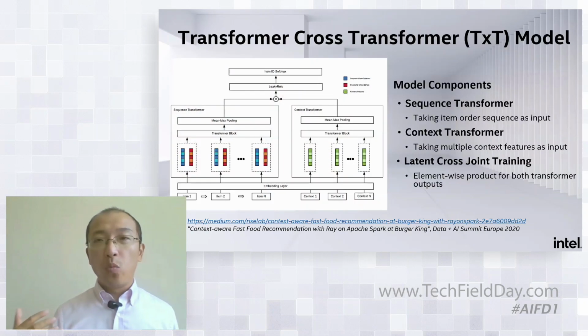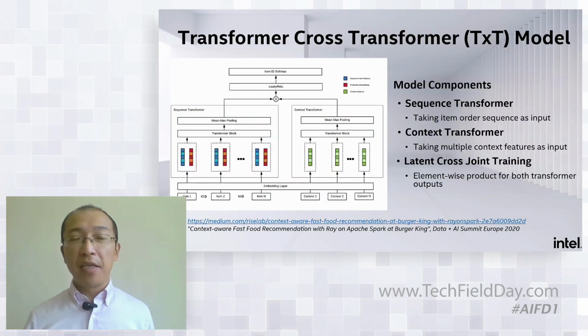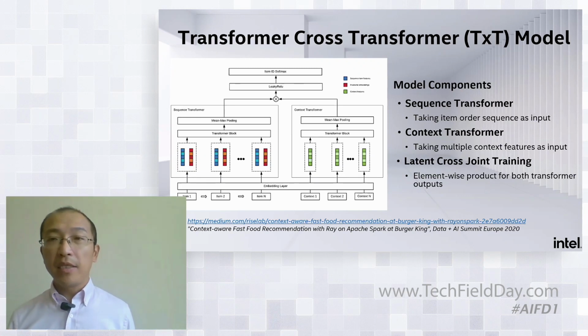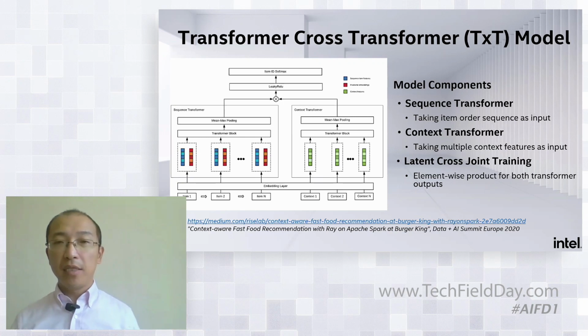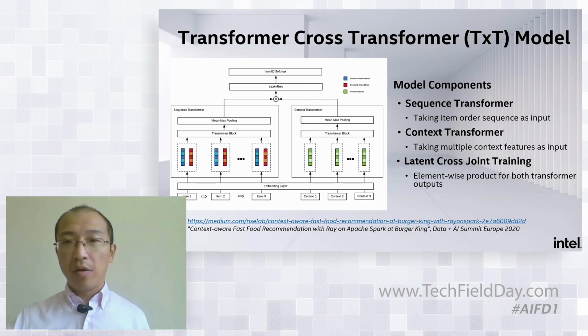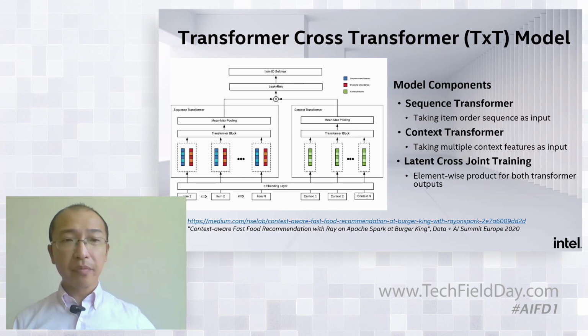So what we end up doing with Burger King, essentially, first of all, is build a new model. We call it a latent class transformer. Basically, it has 2 components. One is you use one transformer architecture to look at the item ordering sequence. As you add items into your order, we take that as a sequence and use a transformer to extract features.